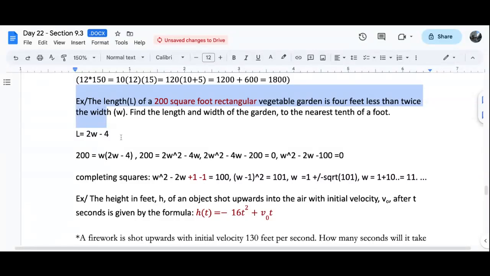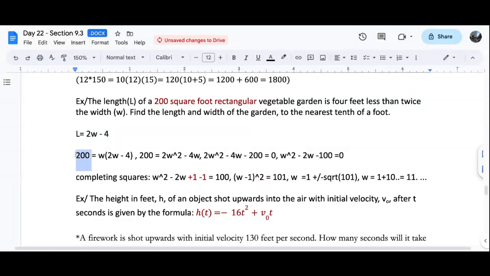And the length is 4 feet less than twice the width. Well, let's use W to represent the width. So 4 less than twice the width means L equals 2W minus 4.